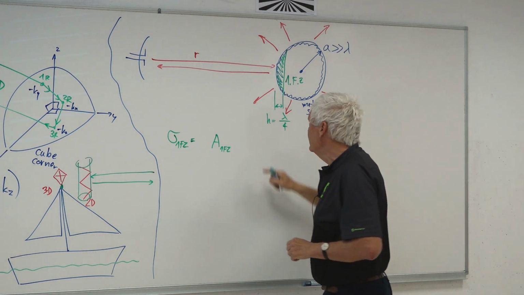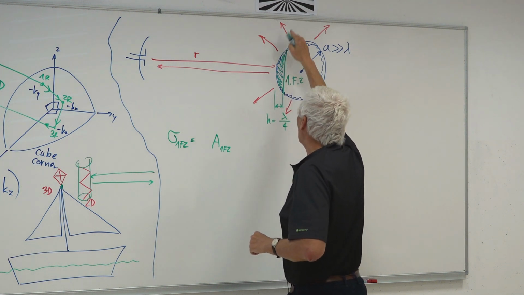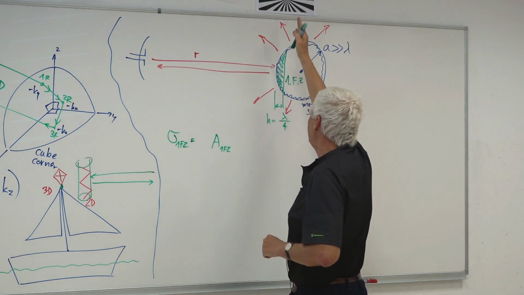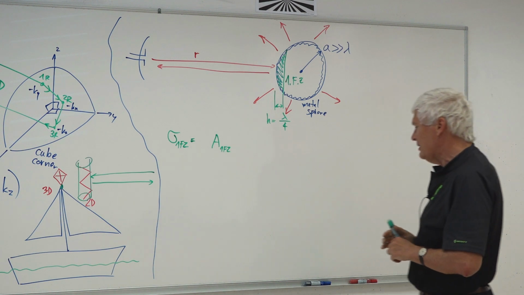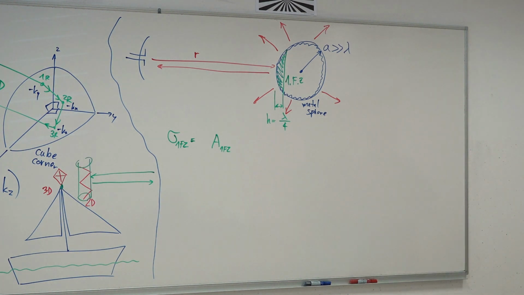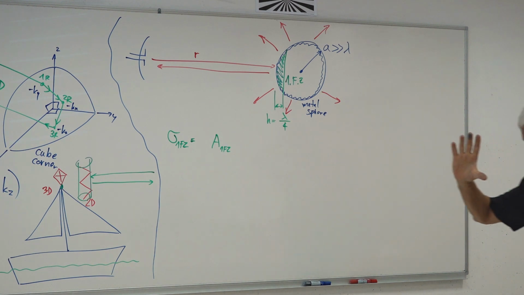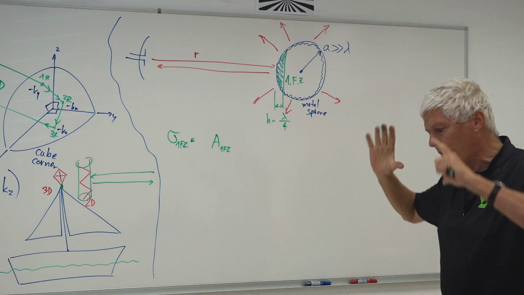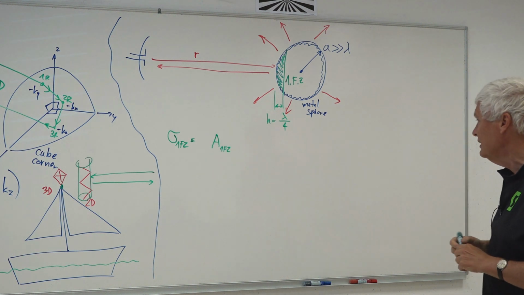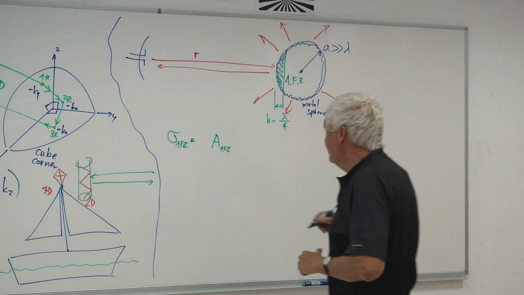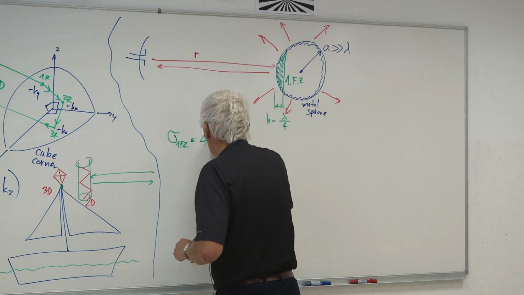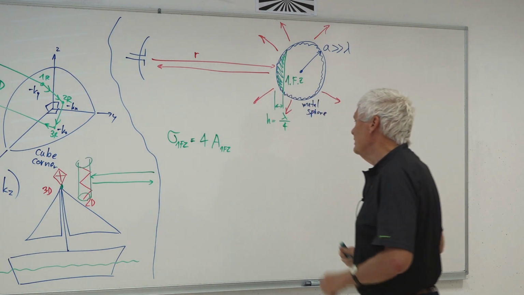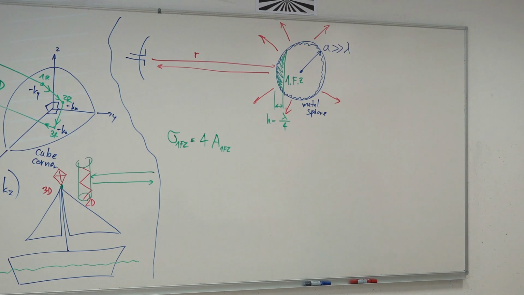I get twice the field of the whole mirror. If I had an infinitely large flat mirror, I would actually get twice the field. You remember, when we only had the first Fresnel zone open in our obstacle, we got twice the field. The integral got to twice the field. Twice the field means 4 times the power.